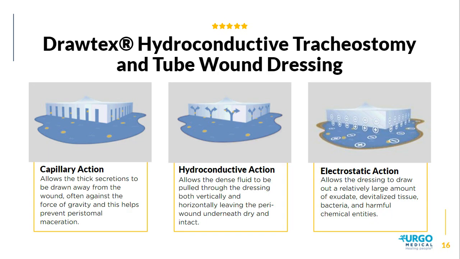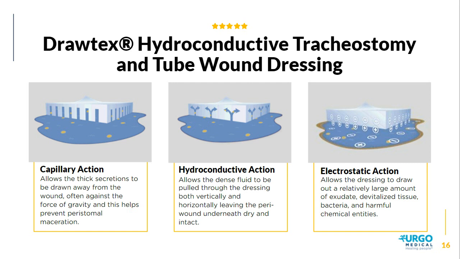So let's look at the mechanism and the technology in Dratex, a hydroconductive dressing. First, there's capillary action. It has the capability of drawing thick secretions up and away from the wound. When used around the tracheostomy, the wound fluid and secretions literally moved from the underside of the dressing to the top, which also describes the hydroconductive action.